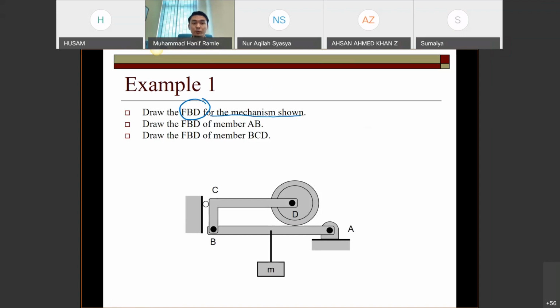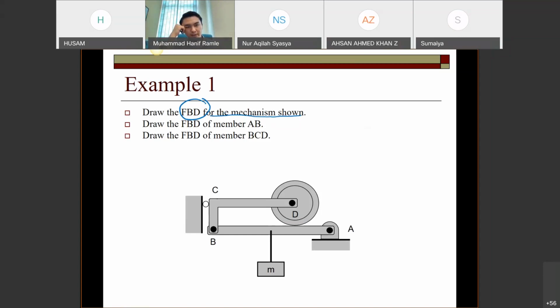you have to draw the whole system, excluding the external factors, external reactions, external bodies. So in the example, where is the external body?